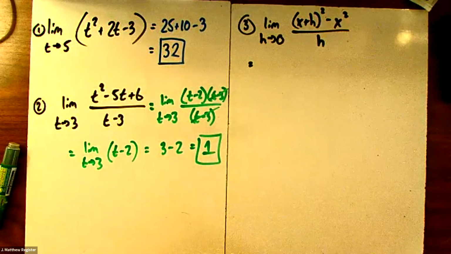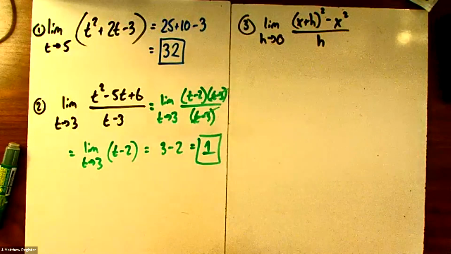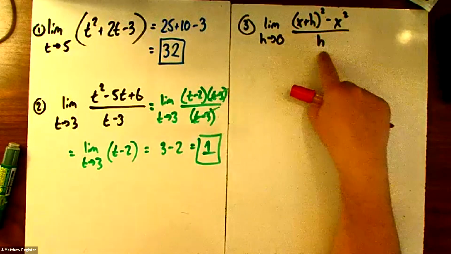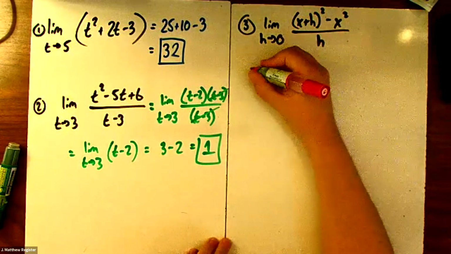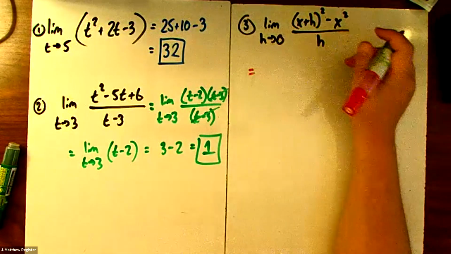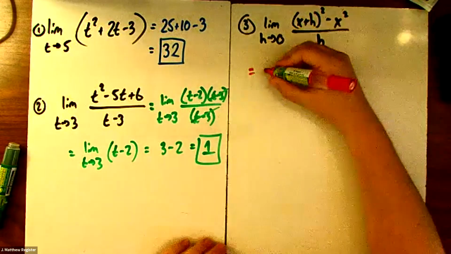Well, solving this one, we can't just plug the 0 in for h because we would get division by 0. And so our mission is to try and get rid of that h in the denominator. And so let's try expanding the numerator.